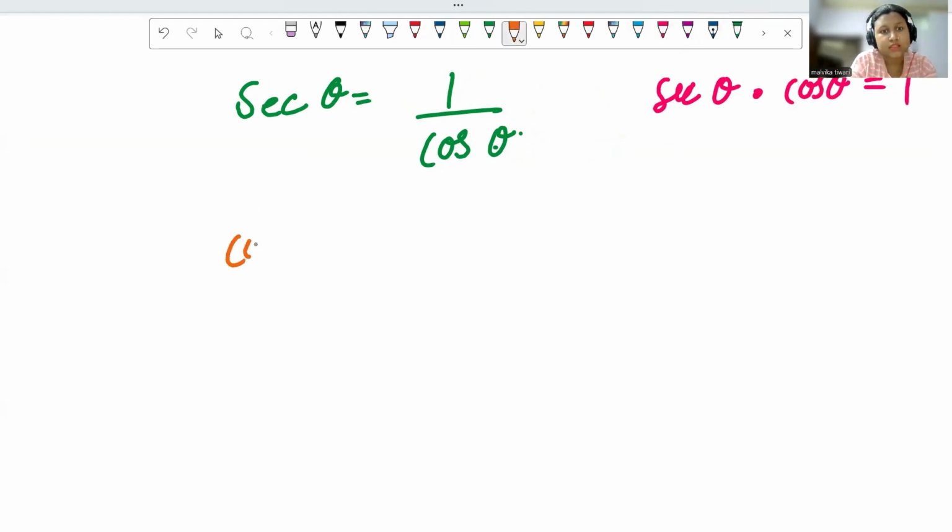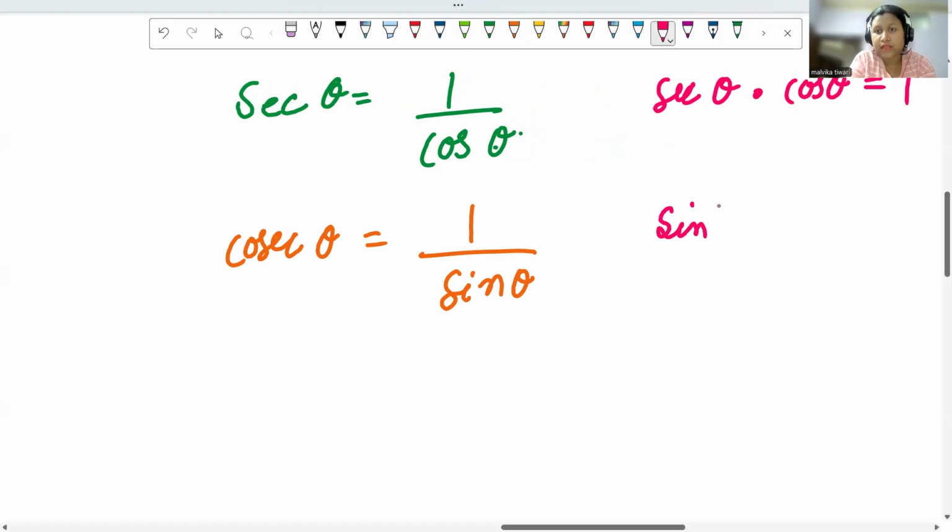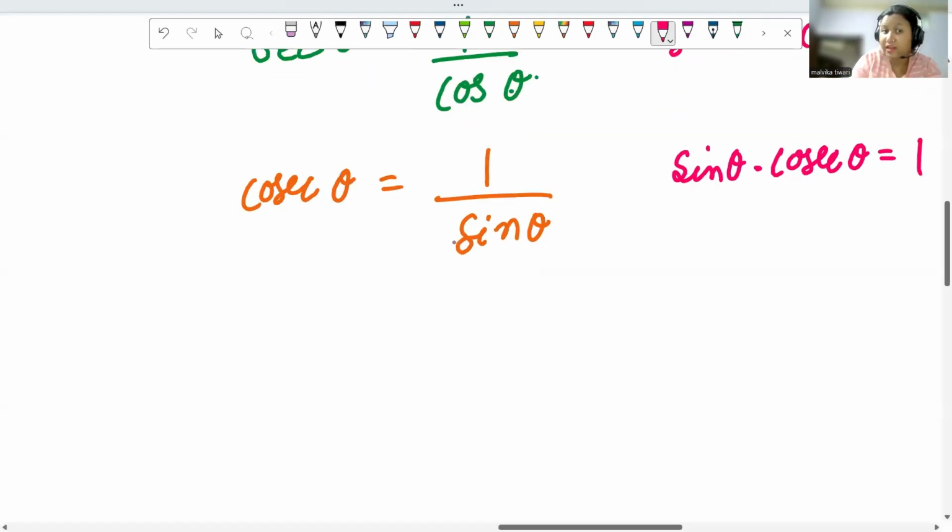The second thing is cosec theta, which is 1 by sine theta. And again, the same thing applies here. Sine theta times cosec theta is 1. And tan also has its reciprocal ratio.